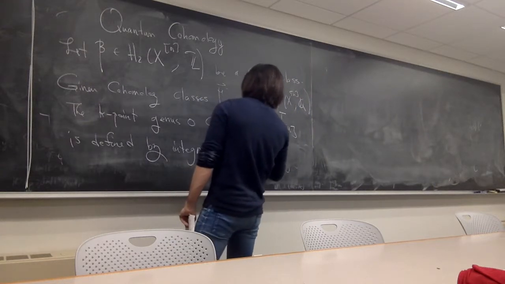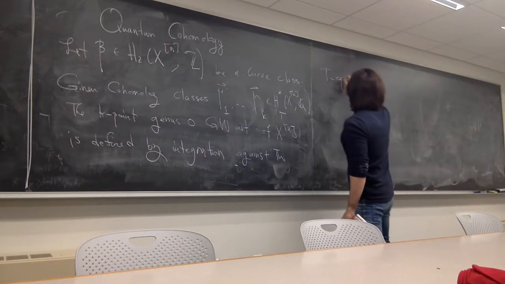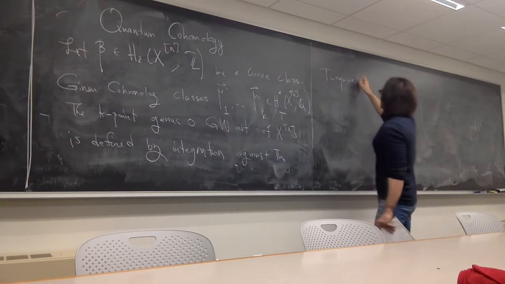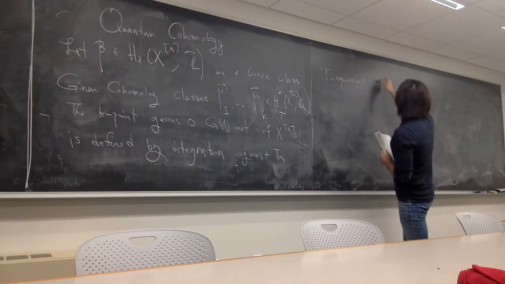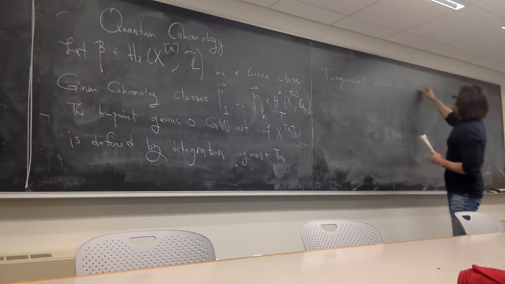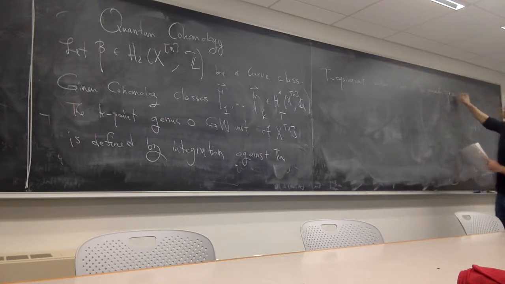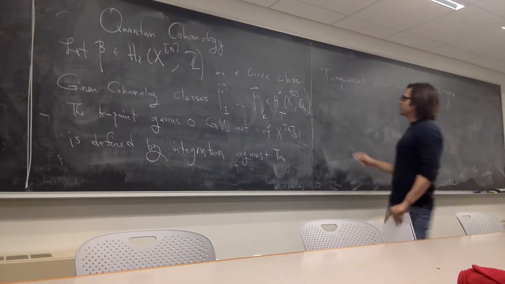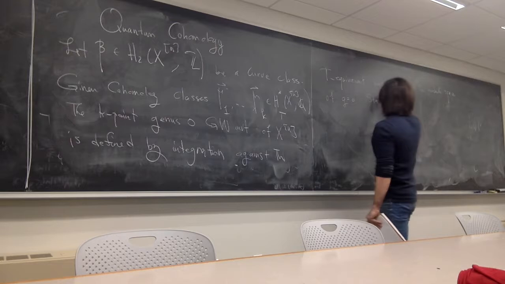Okay, is defined by integration against the T-equivariant virtual class of the moduli space of genus 0 stable maps.